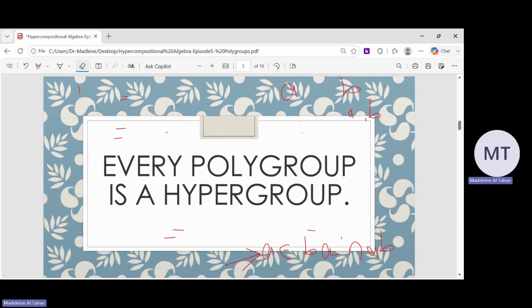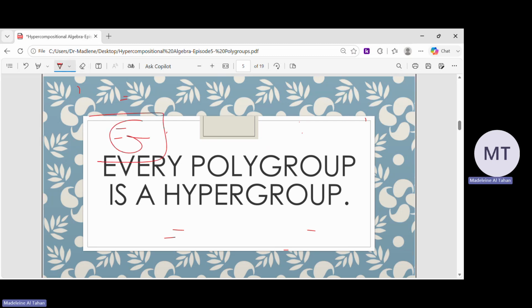So now what do we have? We have the group is the smallest, then we have the polygroup, and then we have the hypergroup. Every group is a polygroup, and every polygroup is a hypergroup.